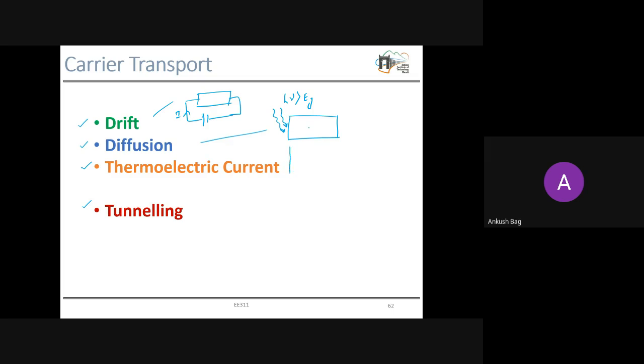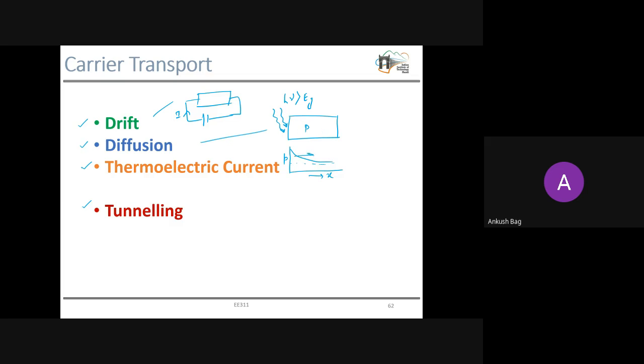Let's say this is a p-type semiconductor. Due to the light shining at this edge, your carrier concentration will be larger on that side, and gradually it will decay. So you can see there is a concentration gradient with distance in your device.